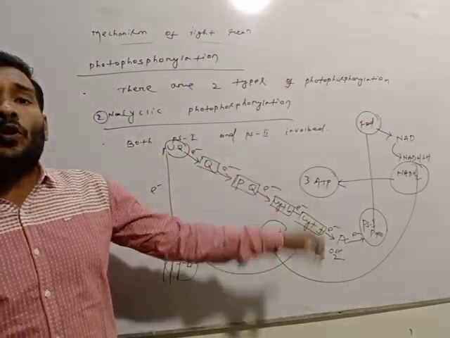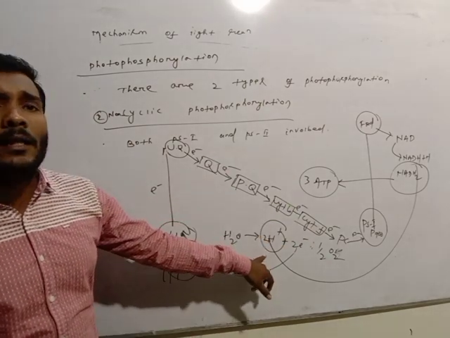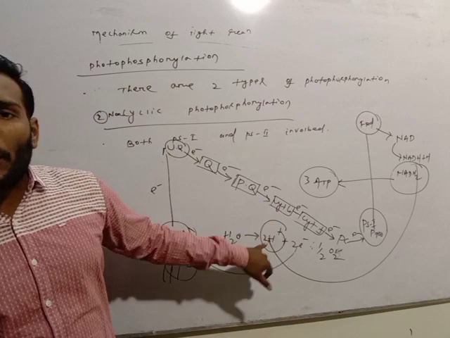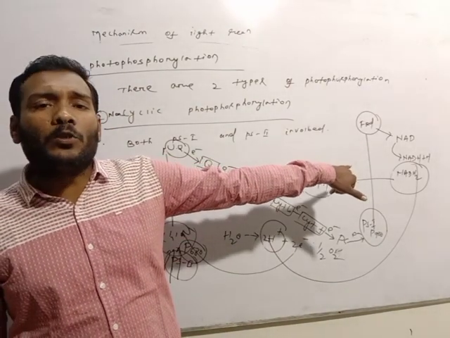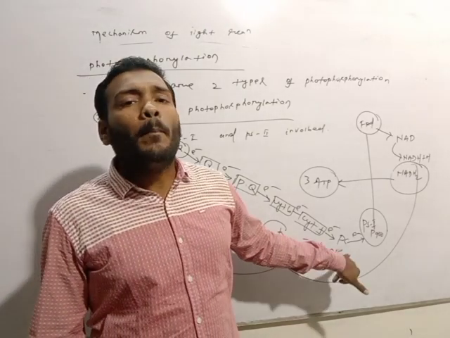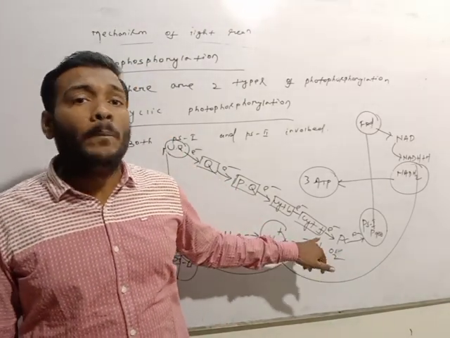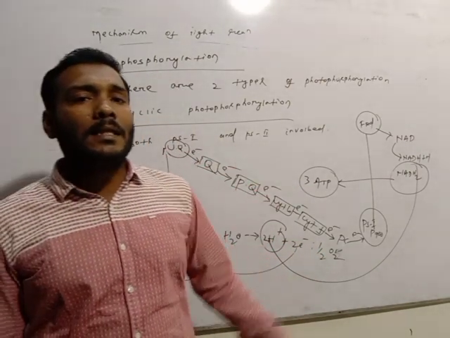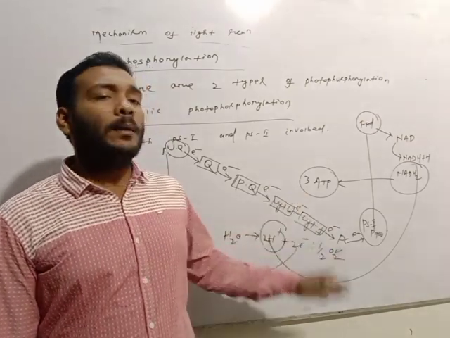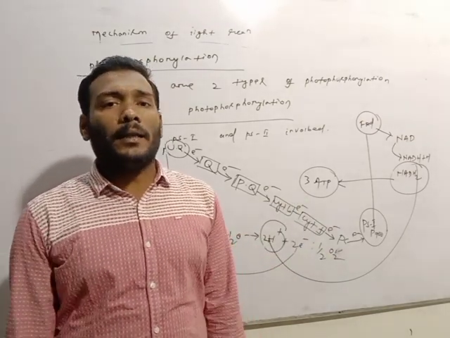NAD is a reduced coenzyme and is further reduced by the protons released from the splitting of water, that is NAD plus 2H plus gives NADH2, and oxygen is released as a byproduct. The electron that comes from the splitting of water is absorbed by the reaction center to continue this cycle. This is the light reaction. In the very next class we will discuss the dark reaction.